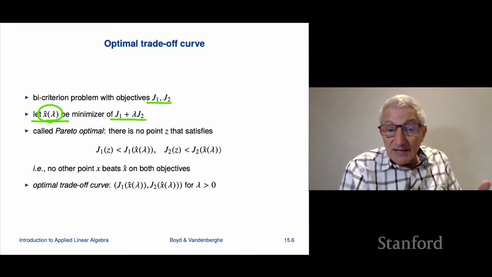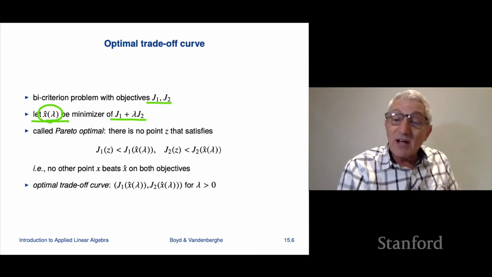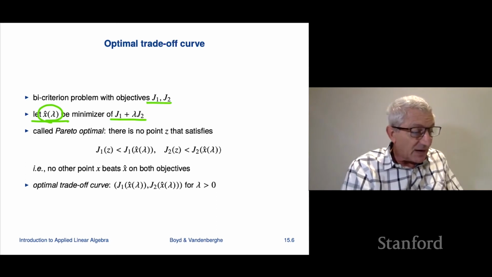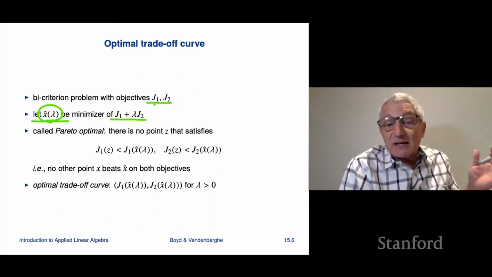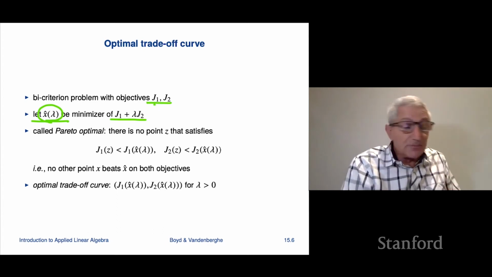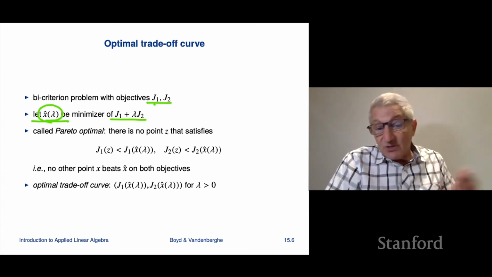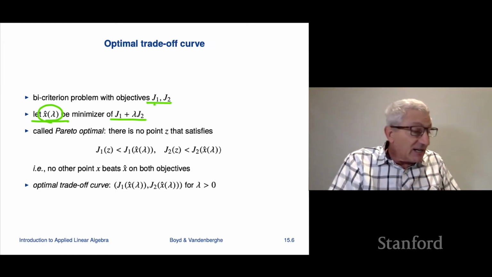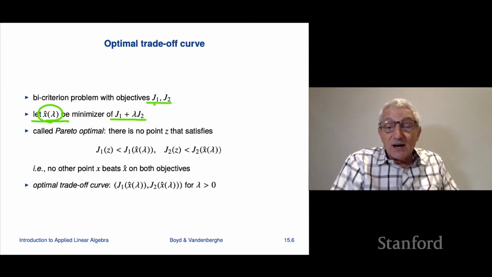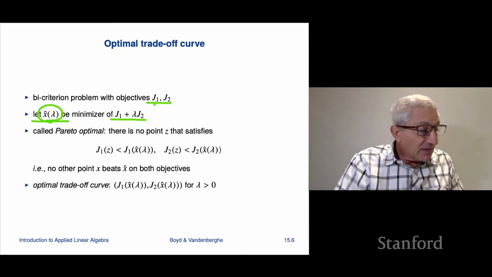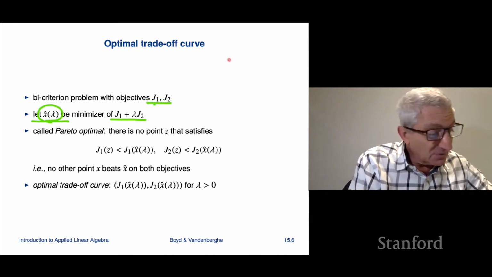Suppose somebody says, well, I've got an x, and someone says, oh yeah, well, I've got an x too. This is in the context of this bicriterion problem. And then people say, well, whose is better, my x or your x? Let's find out. Well, it depends on the different values of J1 and J2 for the two proposed candidate points, right? So let me write it out.